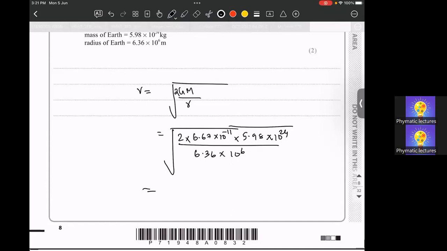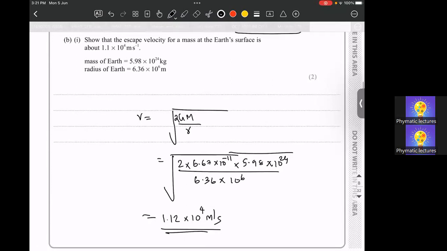What is the answer? So nearly 1.12 into 10 to the power of 4 meter per second. That is the answer for this question.